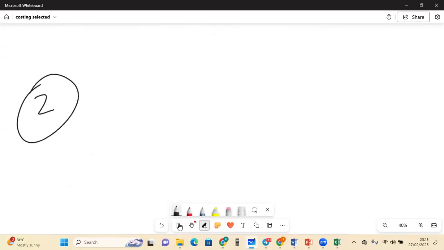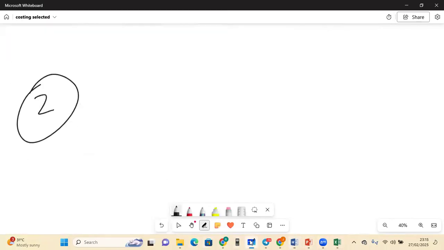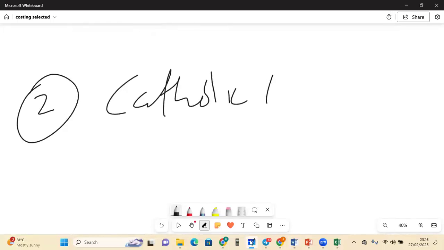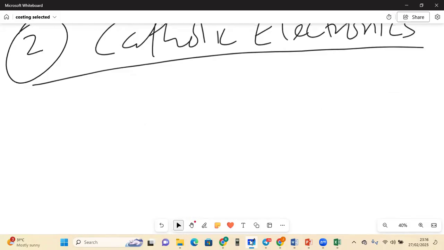Question 2, on Catholic Electronics. So I is saying that we should compute the variable cost.